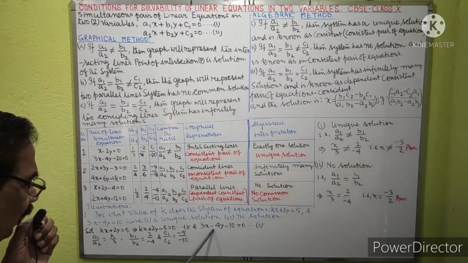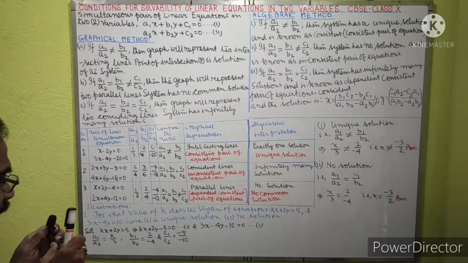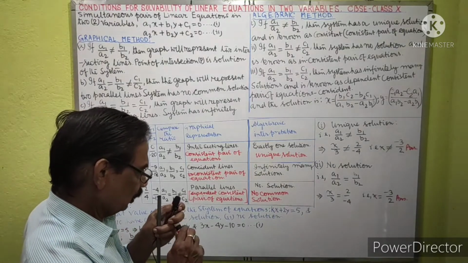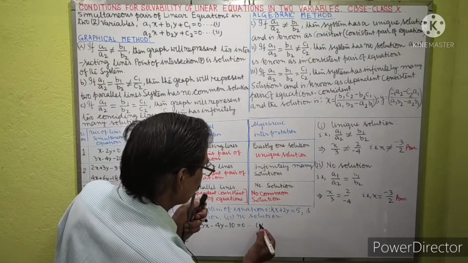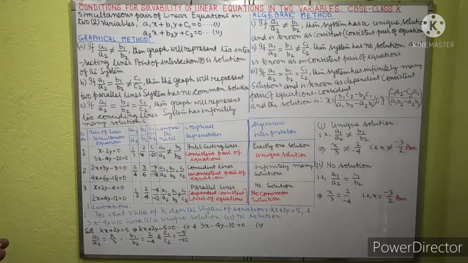And 3x minus 4y minus 10 equal to 0, this is equation number 2. Therefore, from the first and second equations we get a1 by a2 equal to k by 3, b1 by b2 equal to 2 by minus 4, and c1 by c2 equal to minus 5 by minus 10.